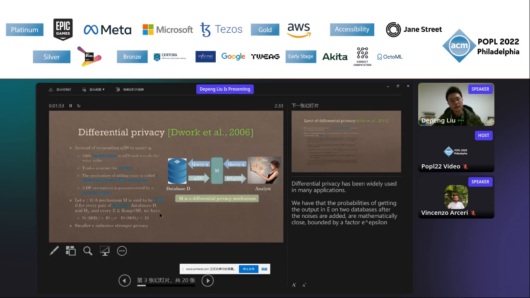And here is the definition of differential privacy. Let epsilon be a non-negative number. A mechanism M is said to be epsilon-DP if for every pair of adjacent databases D1 and D2. Here, adjacency means that D1 and D2 differ in at most one record.